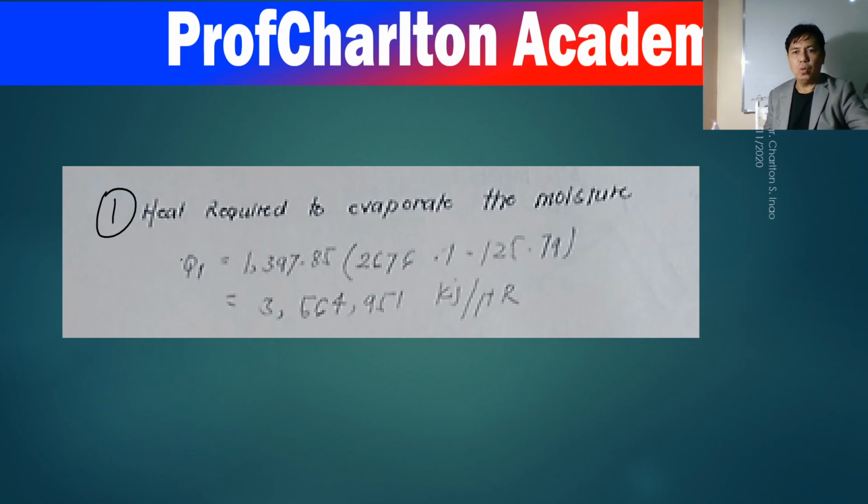If this is Q1, then Q1 is the mass of the water evaporated, the moisture that is evaporated, times the enthalpy difference ΔH.